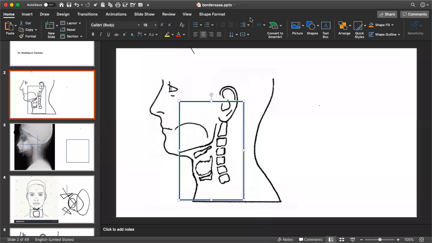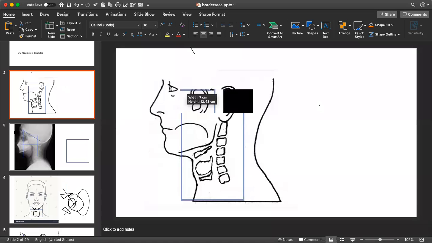Now coming to the last part, the secondaries in the neck with an unknown primary. Here also you have the lateral field and an anterior SCF field. The borders are almost the same as what Dr. Riddhi said for the anterior SCF field.